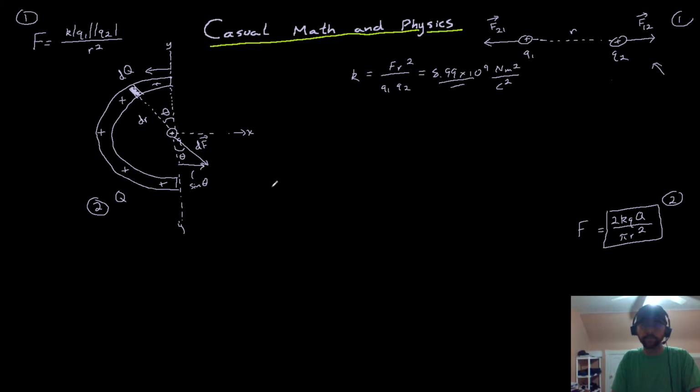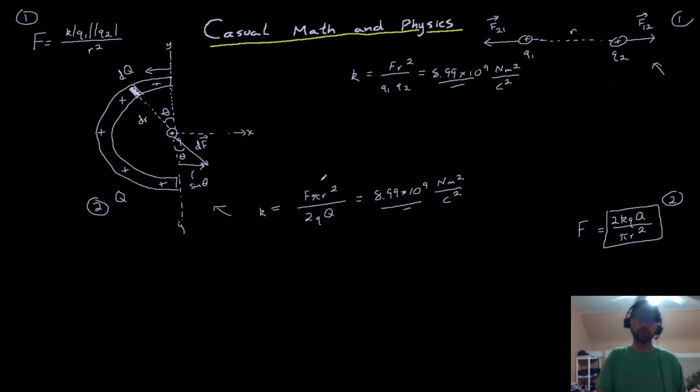So you could say, using this setup, you would see that K equals F times pi R squared over 2 Q Q. So in this case, we'll still find that K equals 8.99 times 10 to the ninth newtons times meters squared per coulomb squared. But you're going to be just taking different measurements from reality.